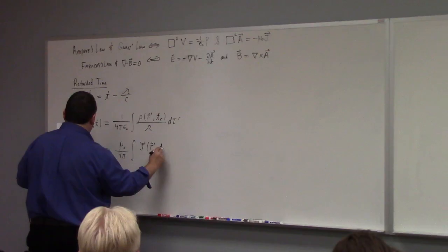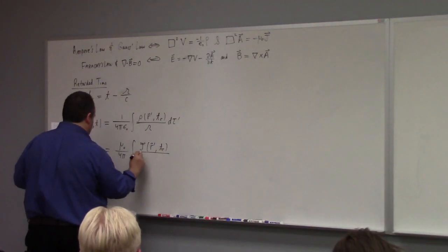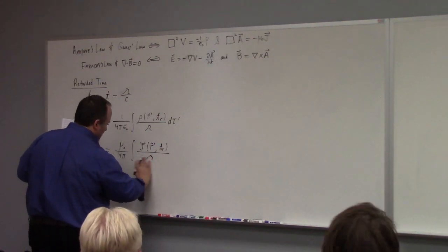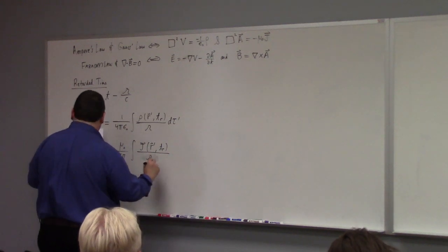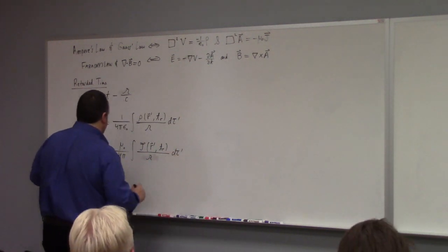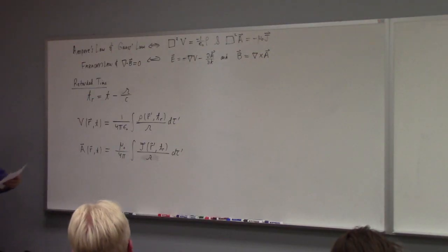So we're integrating the charge density. These are the retarded potentials.